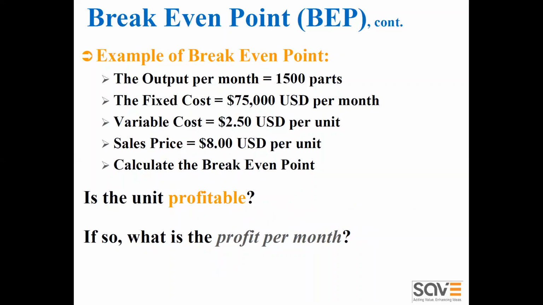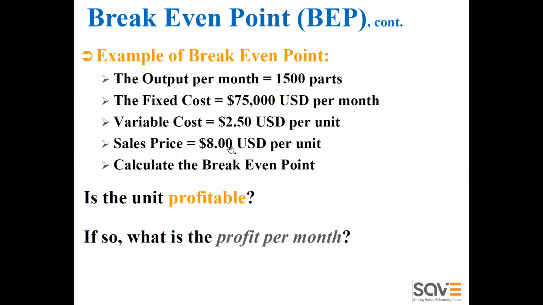See, the output per month is 1,500 parts. The fixed cost is $75,000, and variable cost is 2.5 per unit basically, which means you need to multiply this 2.5 with 1,500 to get the variable cost. So total cost is nothing but fixed cost plus variable cost. And sales price is this much.